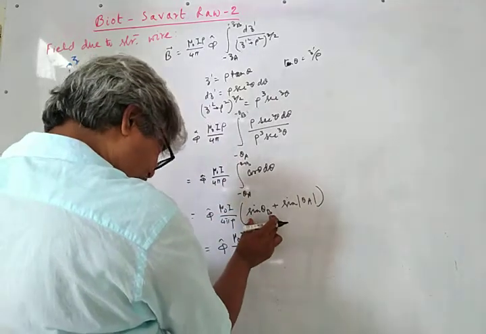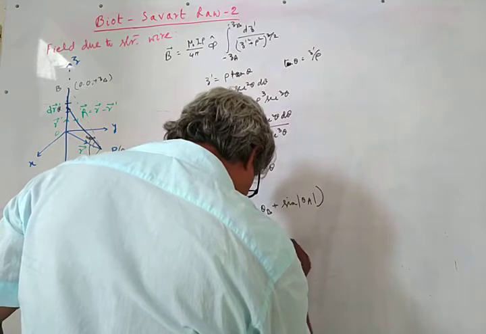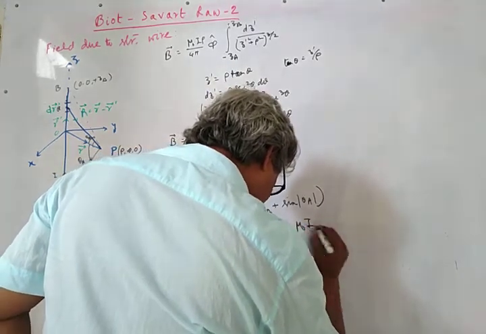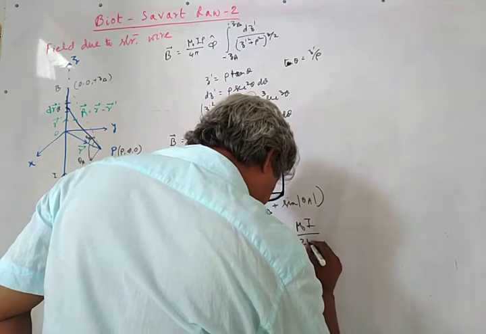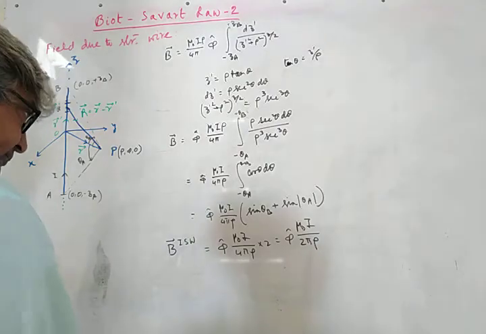This is 1, this is 1, so it comes to 2, so the result is phi cap mu 0 I by 2 pi rho. This is the result for an infinite wire.